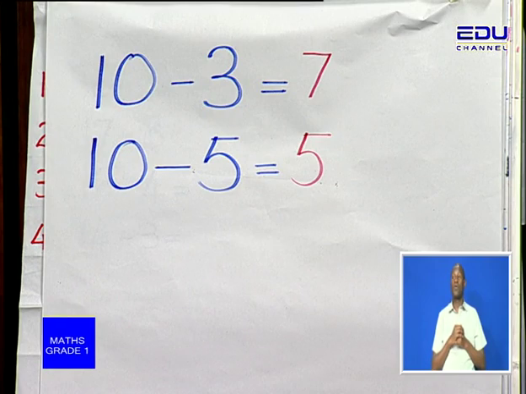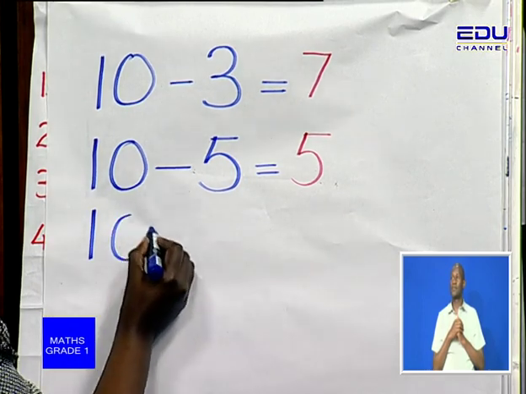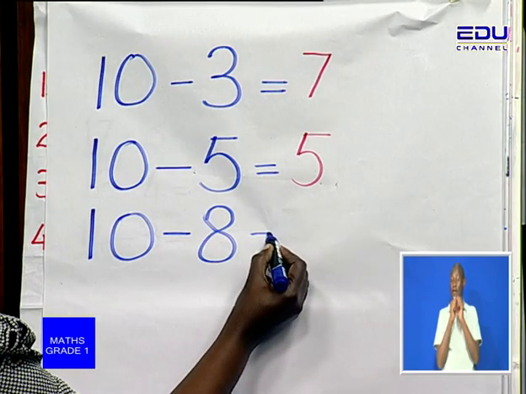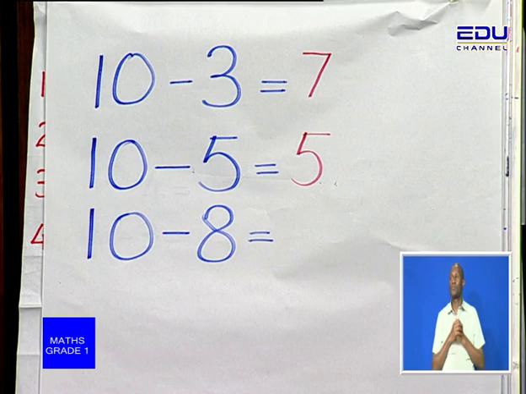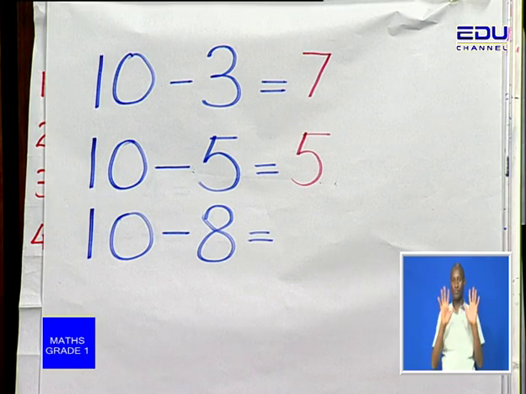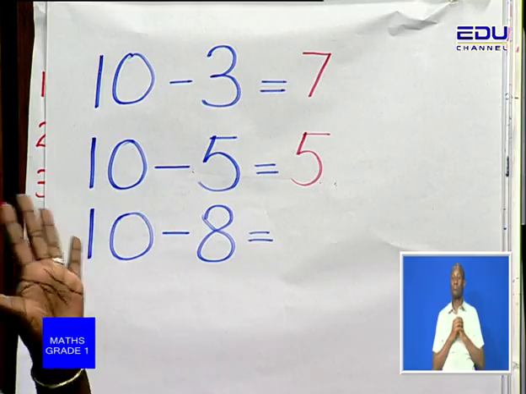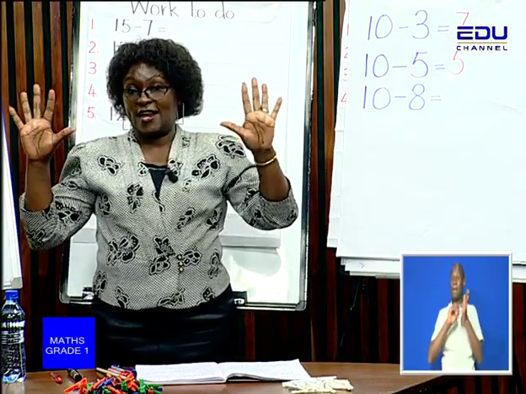One last example, Lana. I have 10, take away 8. I am not using the counters. No. I am using my fingers to count backwards. 10. My 10 fingers. Take away 8.